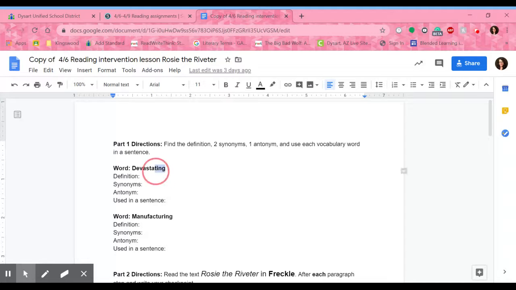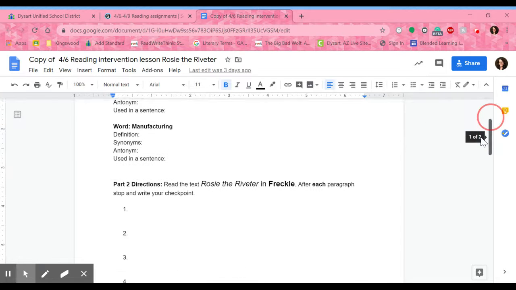For example, devastating in this case needs to be used correctly. Same as manufacturing. If you're going to define it as a noun, it needs to act as a noun, or act as a verb if you're defining it as a verb. Sometimes we have adjectives as verbs or verbs as adjectives, and our sentences don't make that much sense.